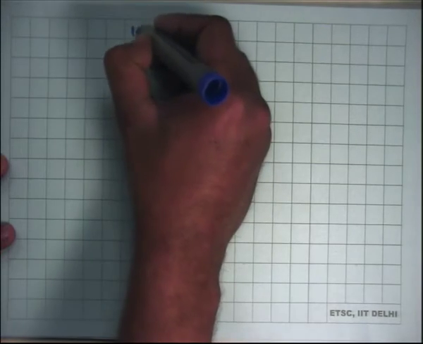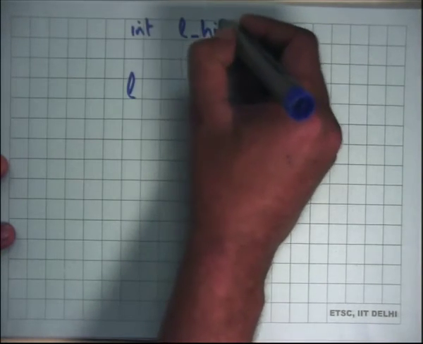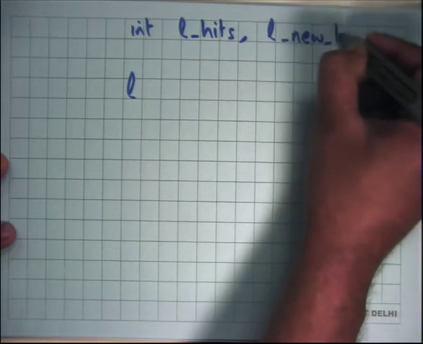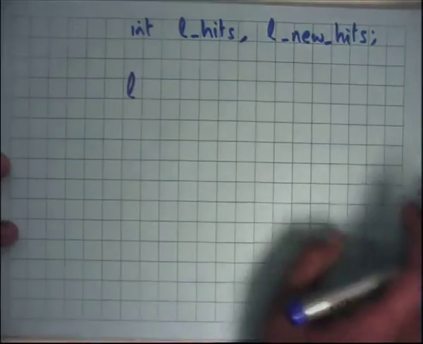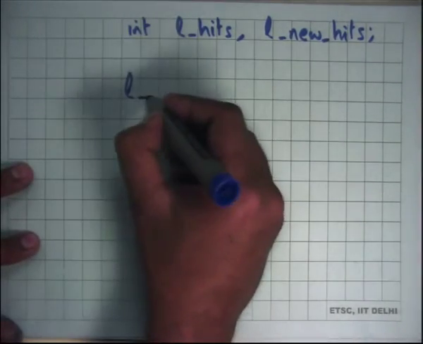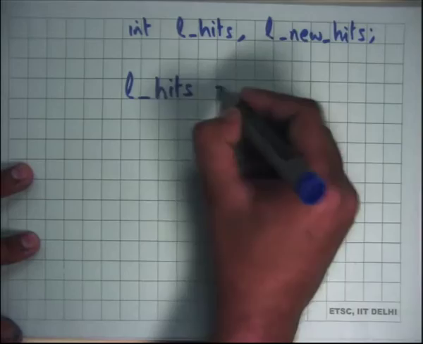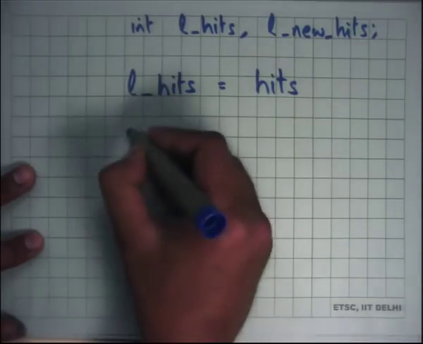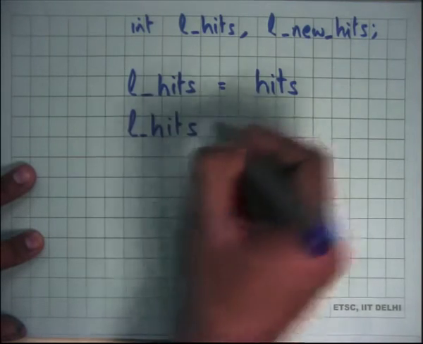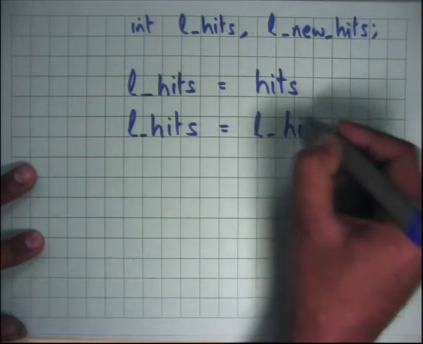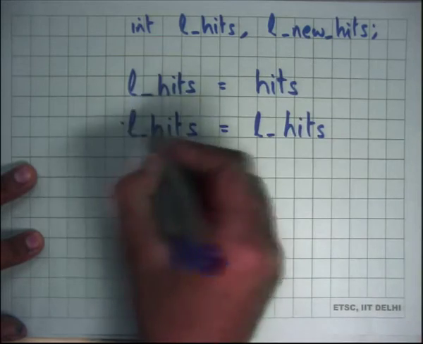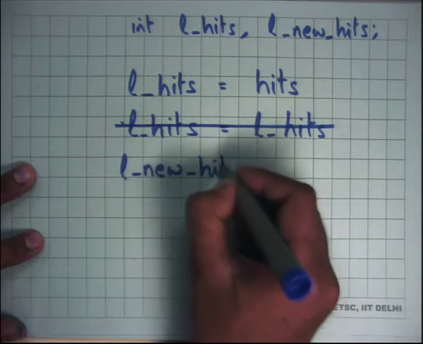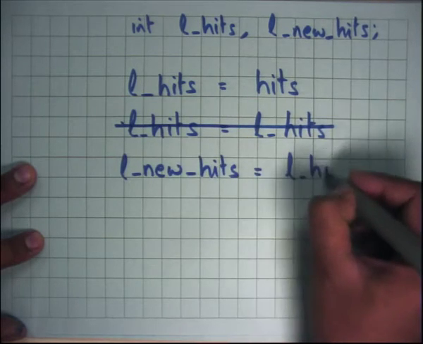Let's say I declare a local variable called local hits, and another local variable called local new hits, just 2 local variables, it does not matter how many local variables I declare, and I read the value of hits into local hits. Right. Then I do this operation: let's say I do L new hits is equal to L hits plus 1.